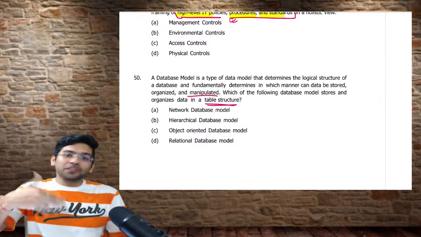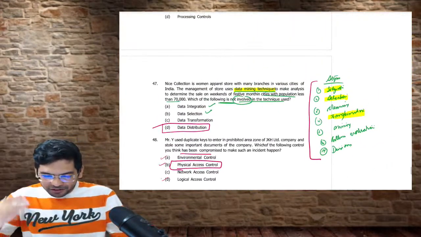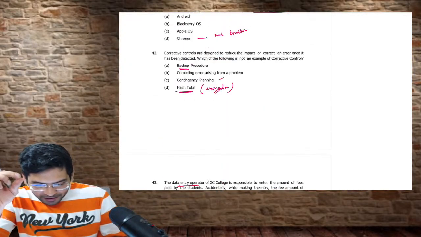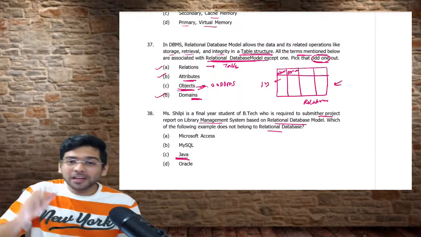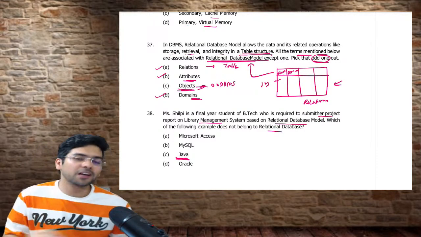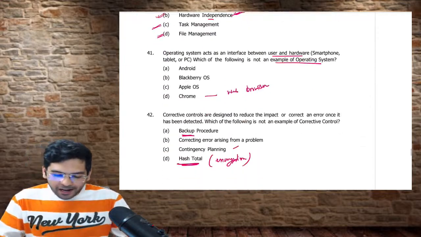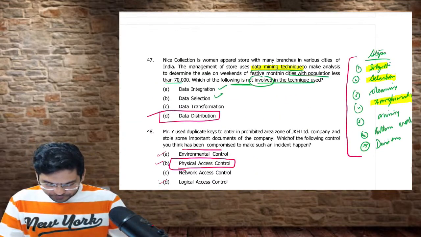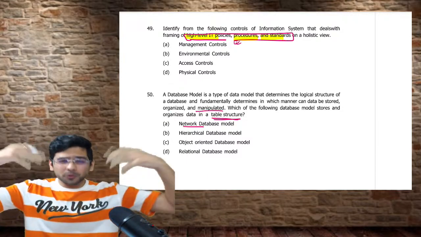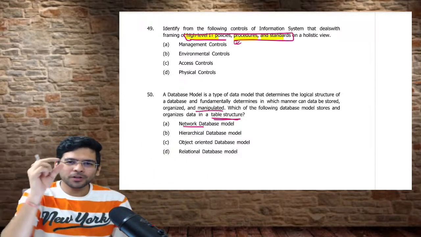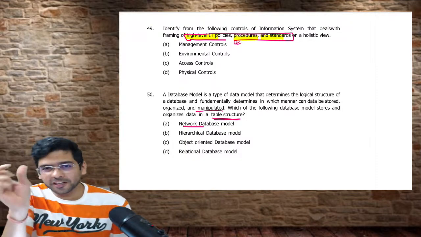So guys, we have already covered one question, right? If you remember, I made a table also. The answer is, table structure is used in relational database model. Hierarchical database model and network database model become very clumsy because of the numerous relationships.